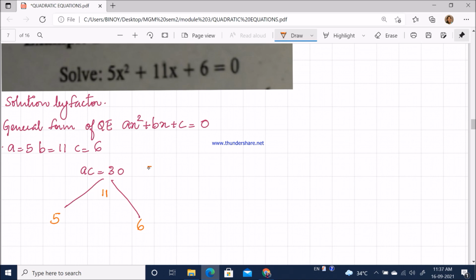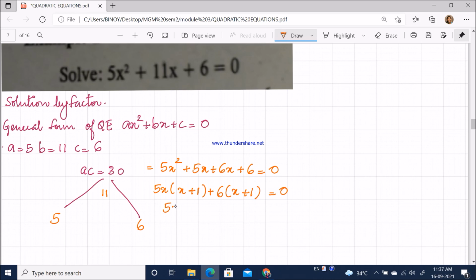So we can split the expression as 5x square plus 5x plus 6x plus 6 equals 0. So taking the 5x out, so it is x plus 1, and taking 6 out, this x plus 1 equals 0.